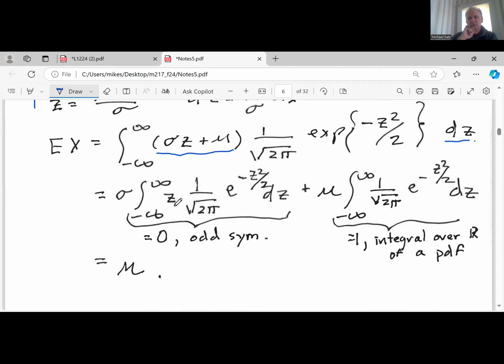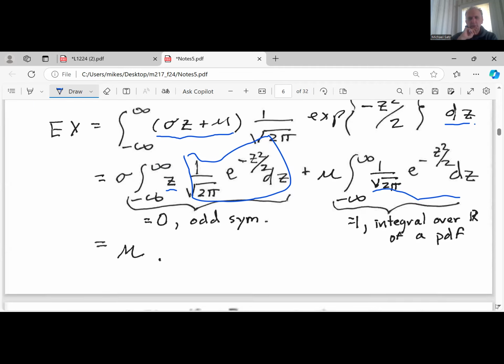This is an odd function, right? Because the density is now centered at the origin, but I have z, which is going from positive to negative. So this is 0. For the one on the right, I could take the mu out, and what I'm left with is just the PDF of a standard normal. So over the reals, it integrates to 1. So the whole thing is mu.